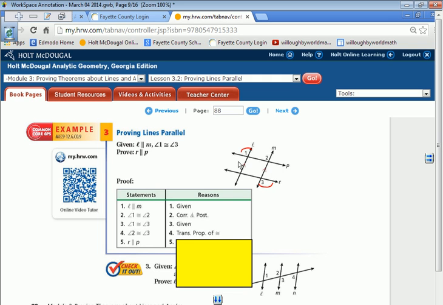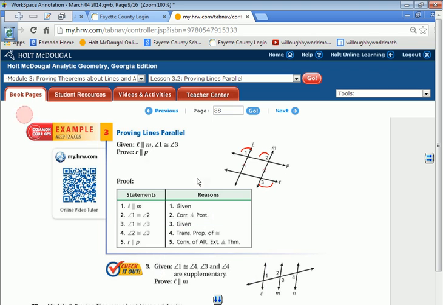Nice, Evan. And so if 2 is congruent to 3, then we also know that these two are parallel. Why? The converse of the alternate exterior angles theorem. Good job, guys.